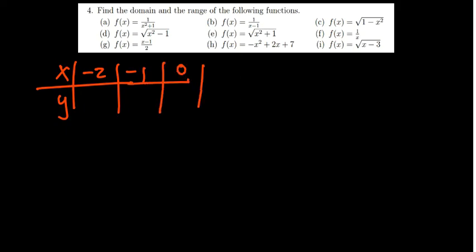So we can give it a try and see if it's true. I'll take negative 2, negative 1, 0, 1, and 2. If you plug in a negative 2, negative 2 minus 1 will be negative 3, negative 3 divided by 2.